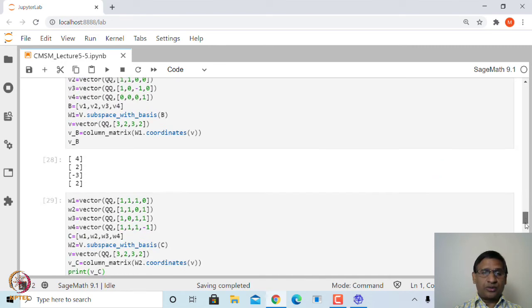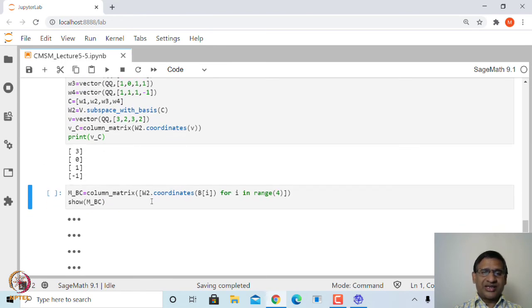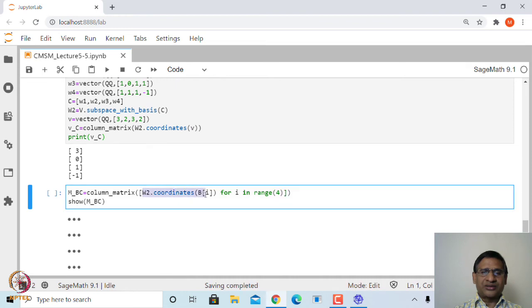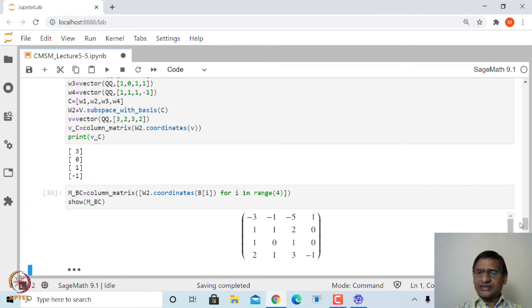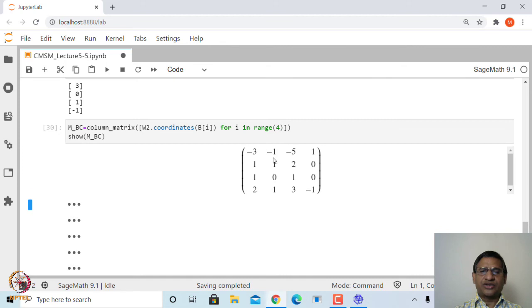So that is what we will look at, but first let us take the coordinate of Bi with respect to basis C. That means you are finding the coordinate of Bi with respect to subspace W2 which has basis C, and then take all these vectors and write them as a column matrix. So that is your transition matrix or change of coordinate matrix. This is what you get.